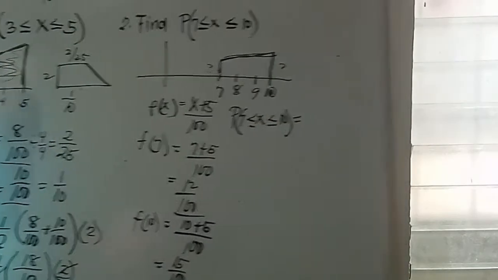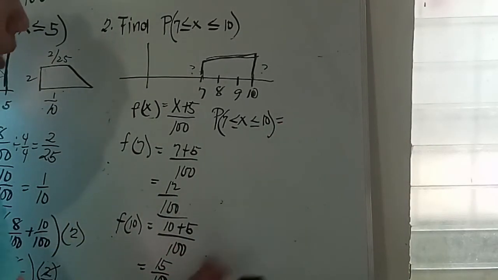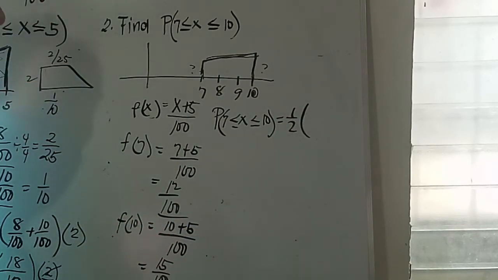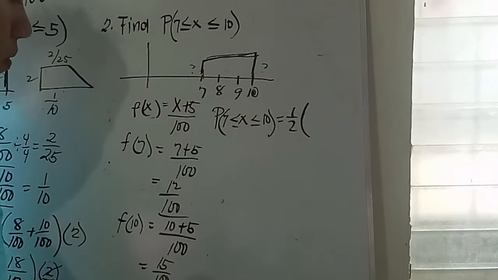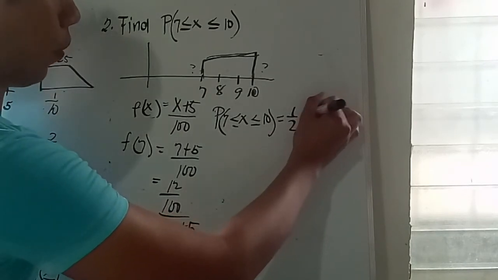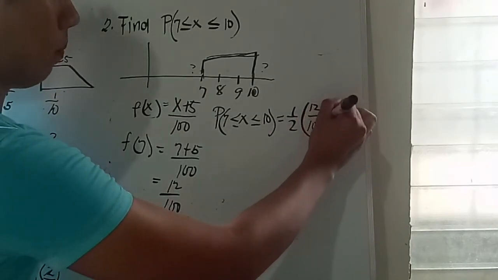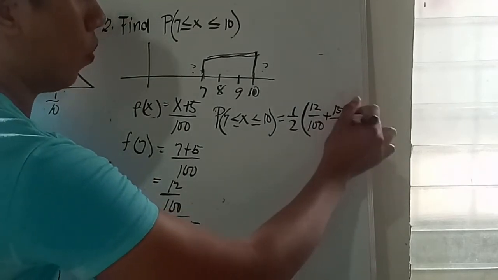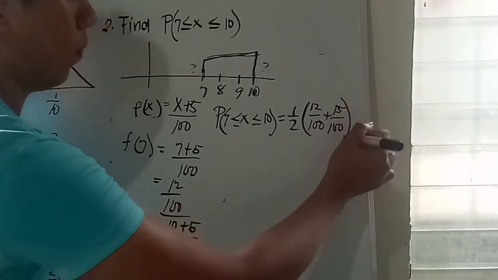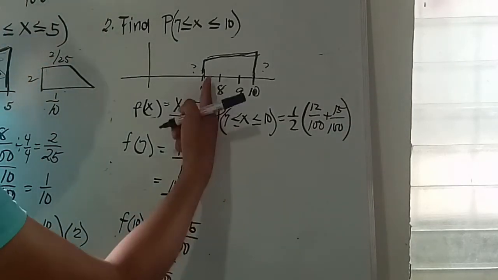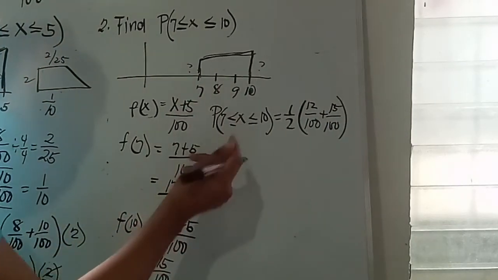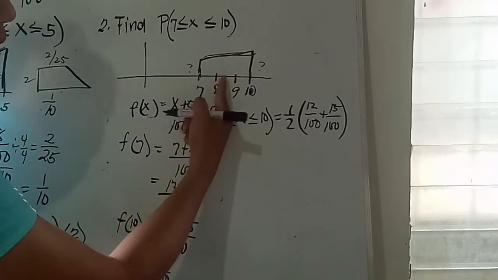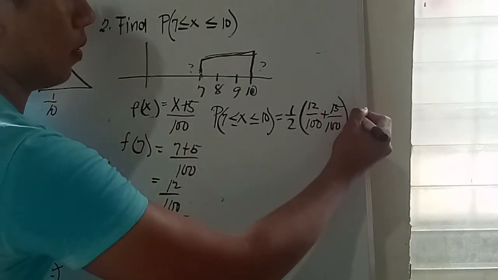So we have 1/2 times the two heights, which is 12 over 100 plus 15 over 100, times the distance from 7 to 10, that is 1, 2, 3 units.